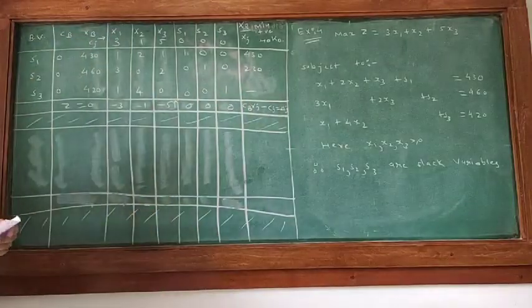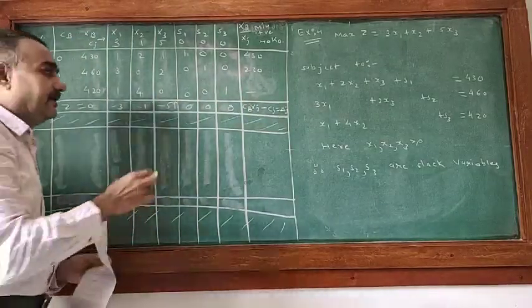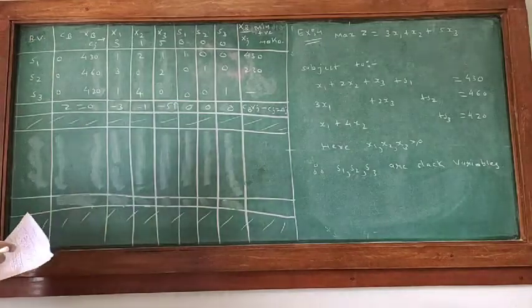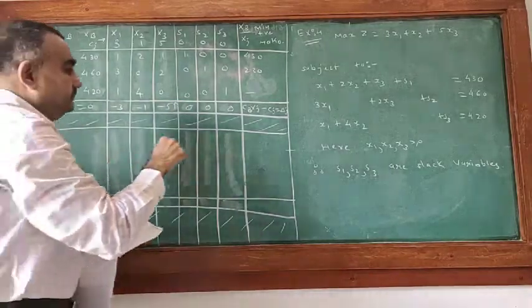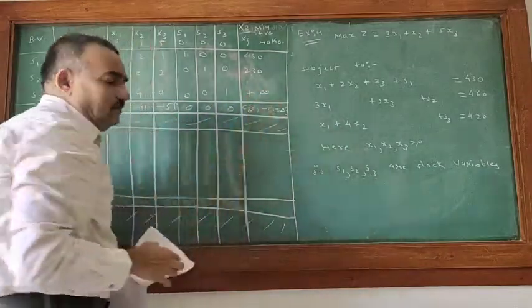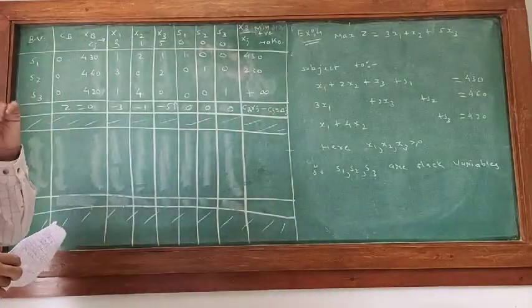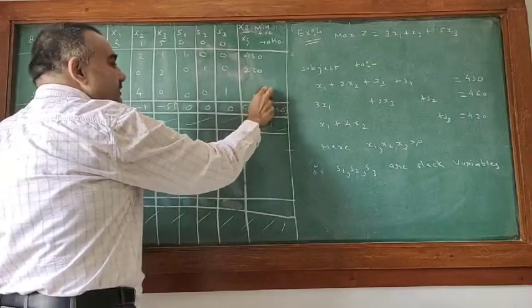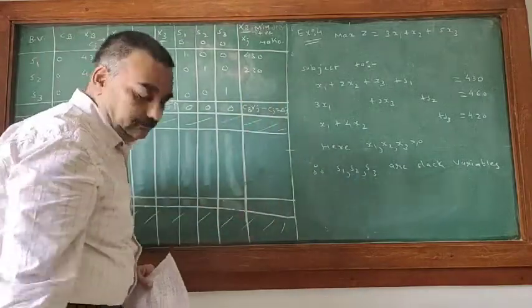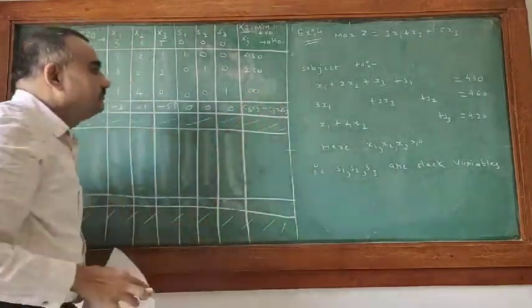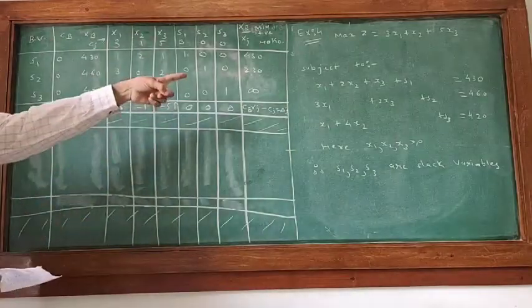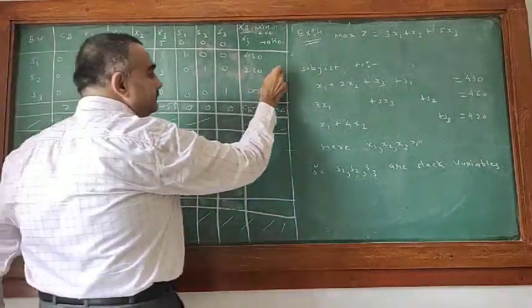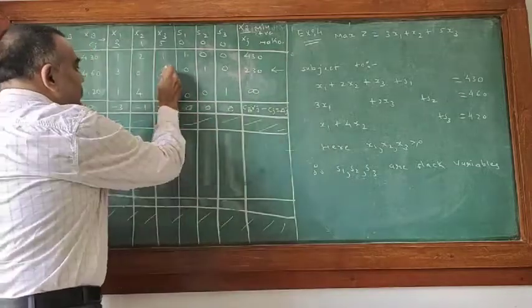So it is not in calculation, or you may write it as infinity. If you write infinity, it is not necessary to write plus there. Now among these, 230 is the minimum one. So this is the key element.